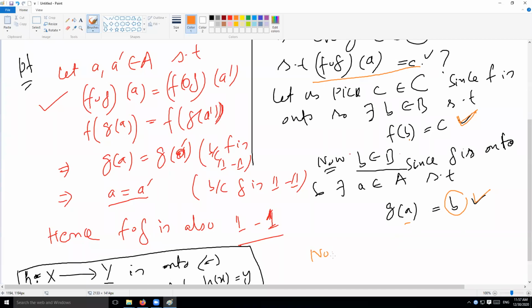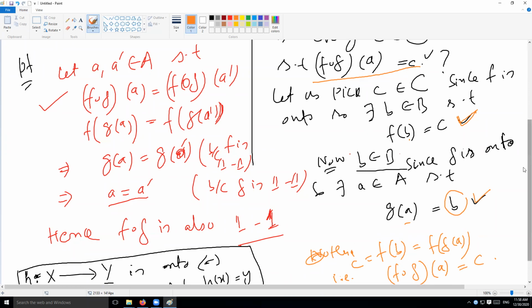Hence I can say that F of B, which is going to be F of G of A. So the F of B is C. F of B is C, therefore F of G of A is C. So this means I can rewrite this: F composition G operated onto A is going to be some c.